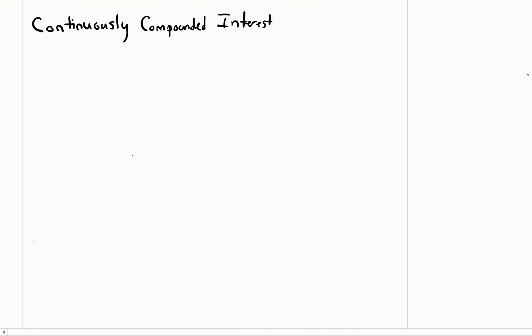And the second one is going to be population growth. Okay, so population growth. All right.